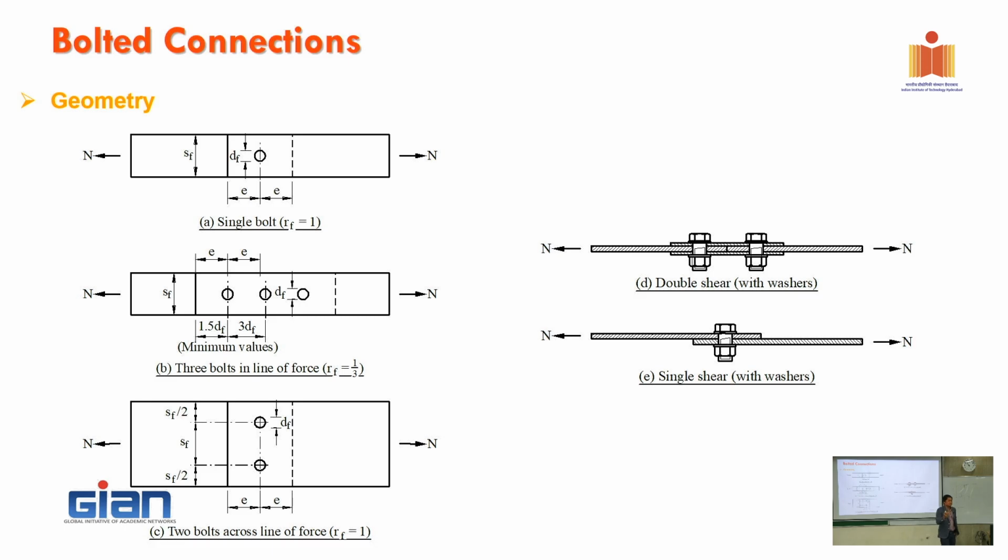And in cold form steel, normally you have a double shear one, very popular in hot rolled steel. You've got one and you've got two laps and then you just bolt it. But in cold form, you normally see the one in here with single lap shear connection.